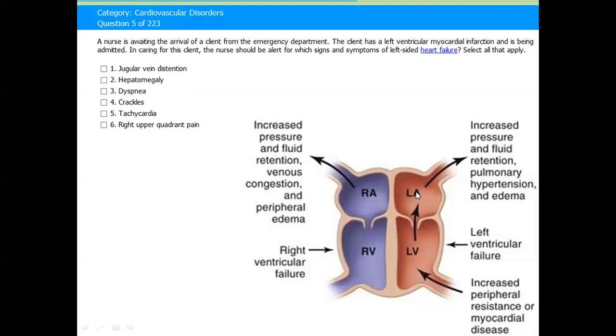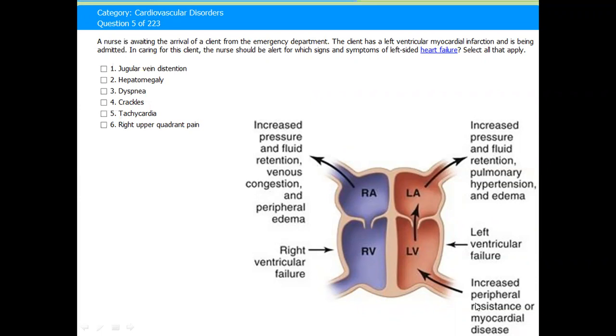When the lungs are full of blood or fluid, the patient develops shortness of breath and an added sound inside the lungs called crackles. So what happened?